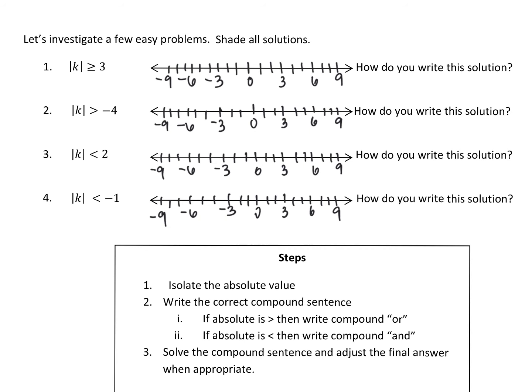So number 1, the absolute value of k is greater than or equal to 3. Take a second on your number line and draw 4 dots for numbers that are more than 3 away from 0. Put 4 dots on your paper that are more than 3 away from 0. They could also be exactly 3 away from 0 because it's greater than or equal to.